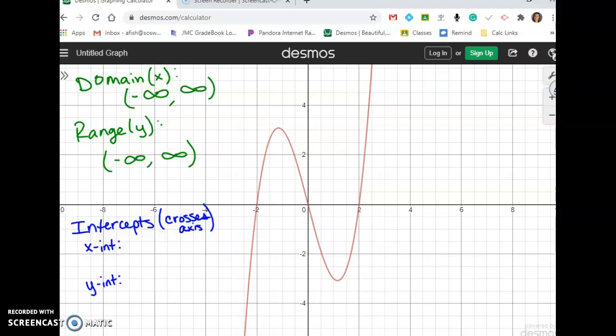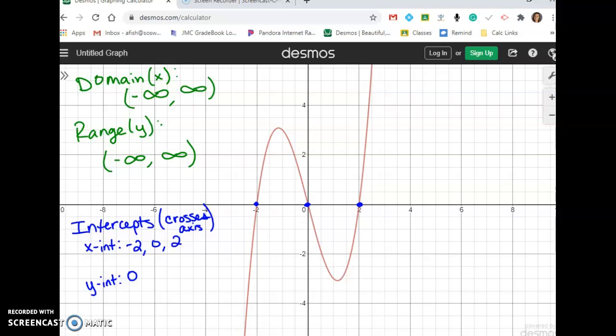So if I'm looking at the x-intercept, this is where it crosses the x-axis, and I can see I have three values where that actually occurs. That occurs at -2, at 0, and 2. Now the y-intercept, where does it cross the y-axis? There's only one actual value, and that's at 0. Okay?